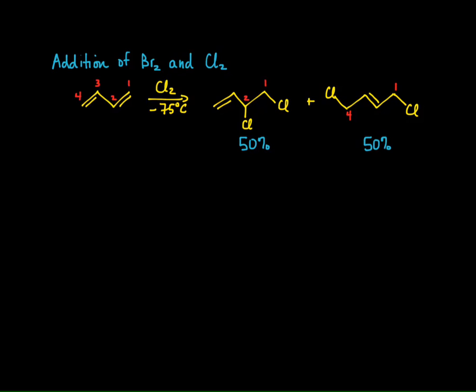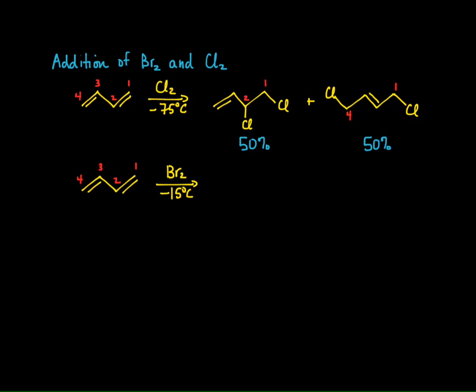And I see that in this particular example, under these conditions, I get a 50-50 mixture between the two, and this simply is indicative of the chlorine. This has nothing to do with one of them being favored.